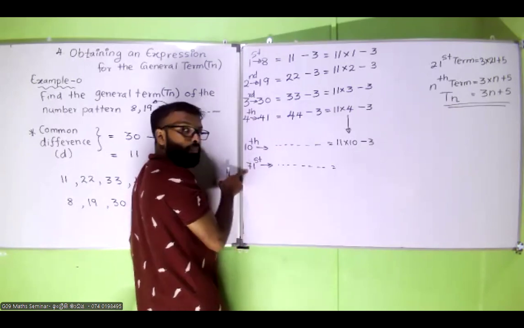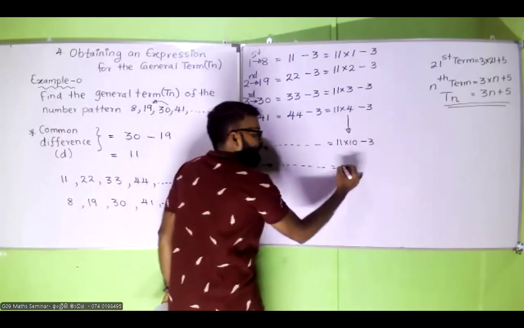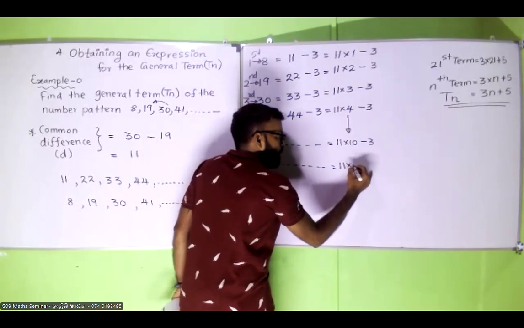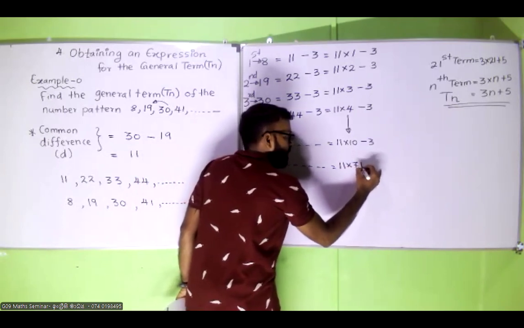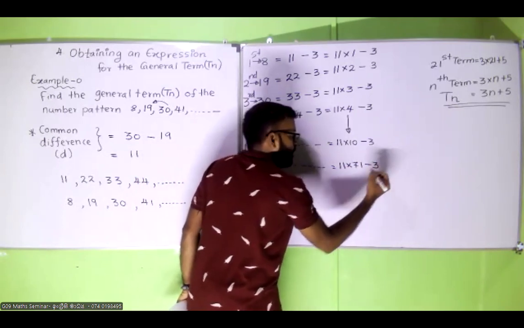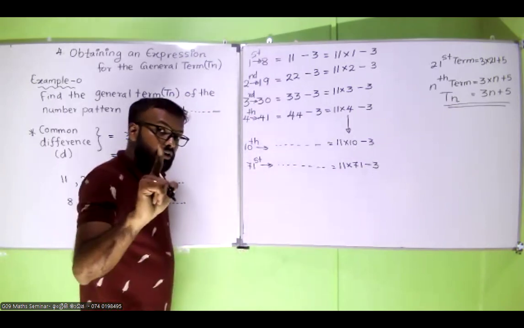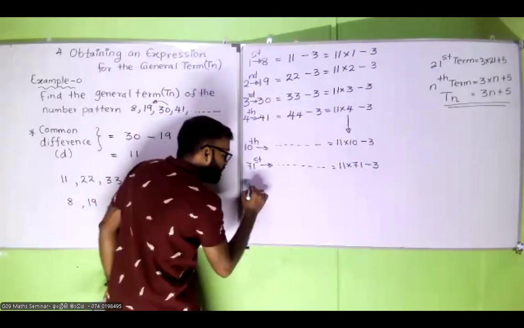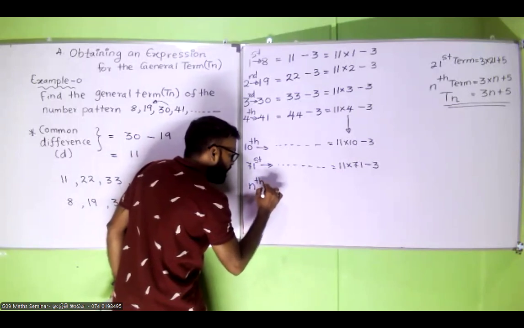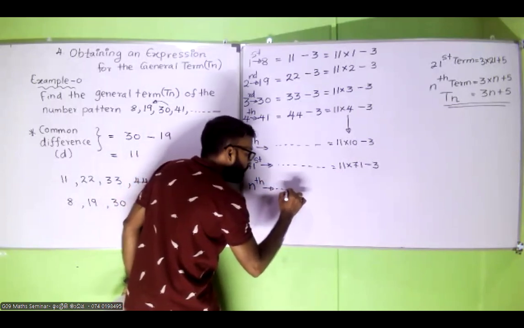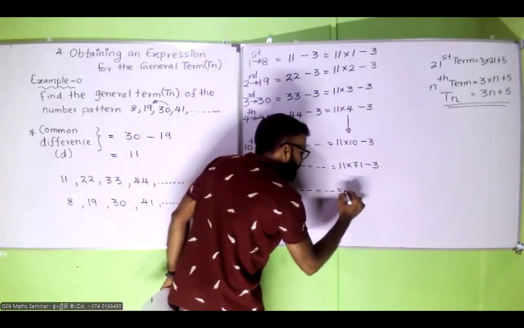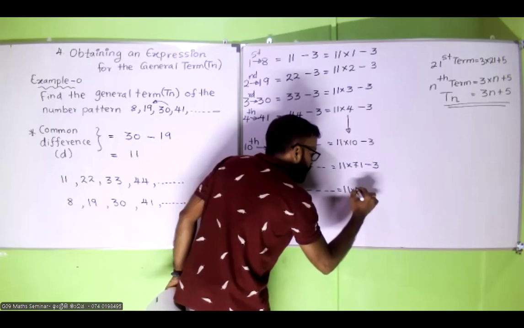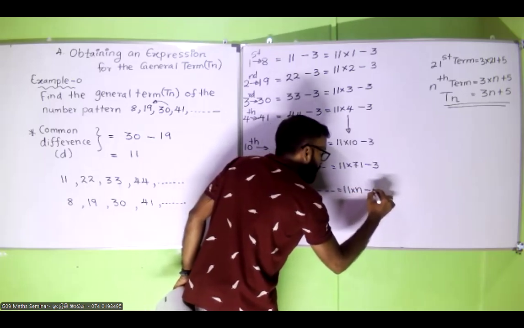How are we going to obtain the 71st term? 11 multiplied by 71 minus 3. If you want to obtain the nth term, how are we going to write it? 11 into n minus 3.